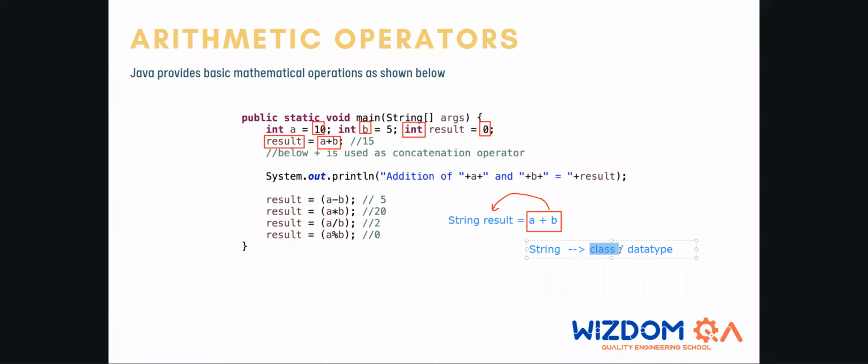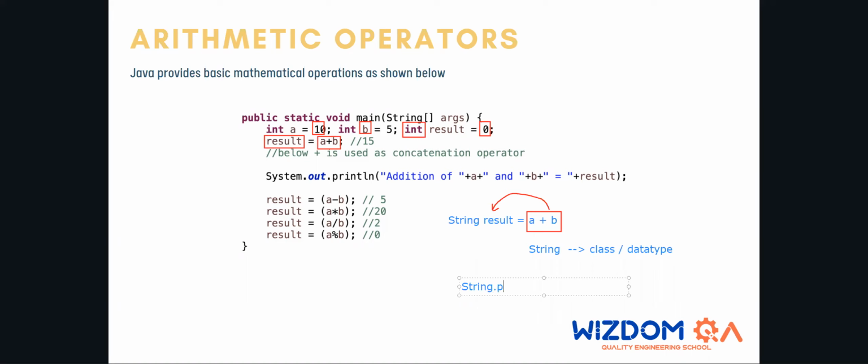These features were developed by the Java developers, who gave it additional powers to convert an integer to a string. How can you do that? You can use something like this.